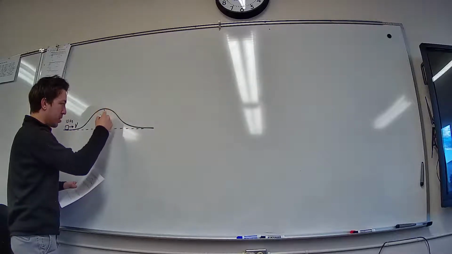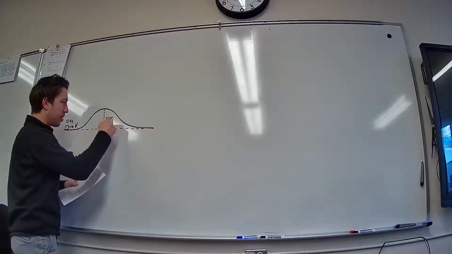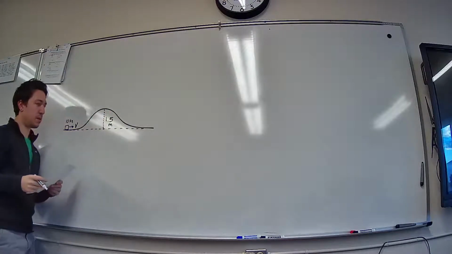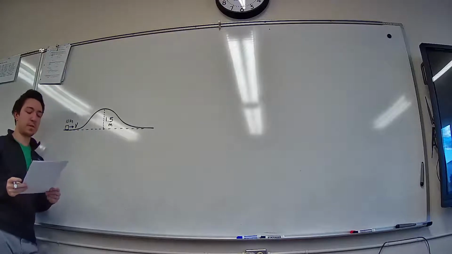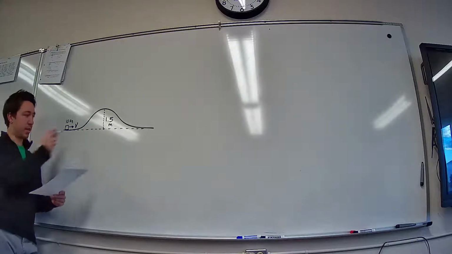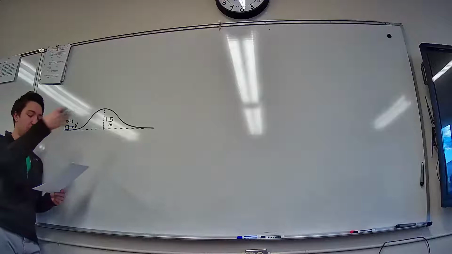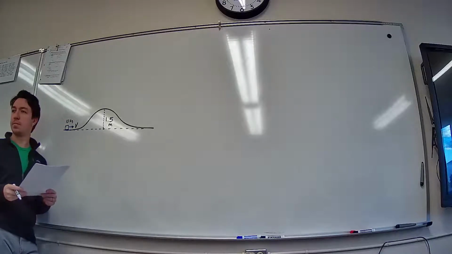The radius is 1.5 meters. So the question is, what's the minimum initial velocity that would allow the block to make it over to the other side of the ramp?